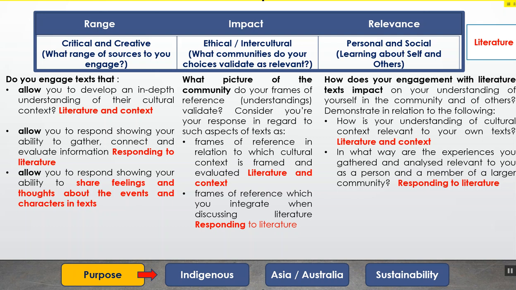So literature and context. How is your understanding of cultural context relevant to your own text? I don't understand that, to tell you the truth. Do you engage texts that allow you to develop an in-depth understanding of their context? Okay.